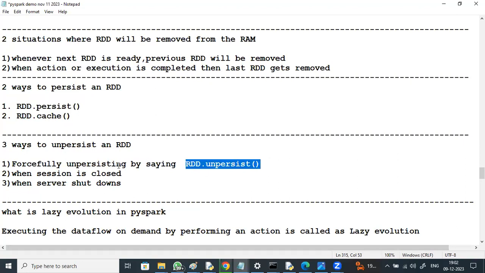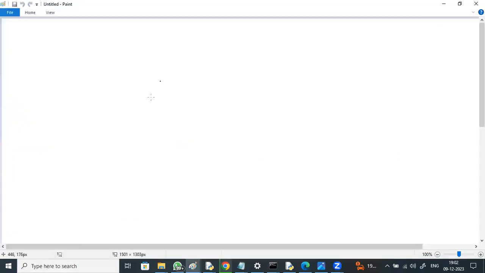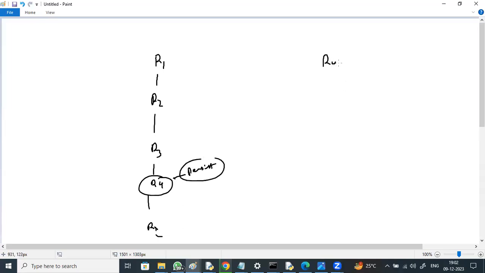See, very simple logic. You have R1, R2, R3, R4, R5 in this way. If you want to persist R4, whenever you say R4.persist, immediately it will be persisted.